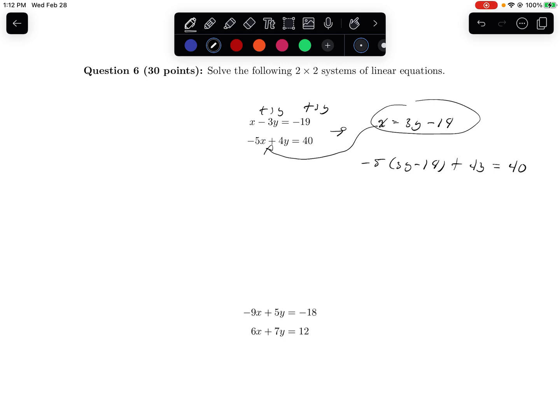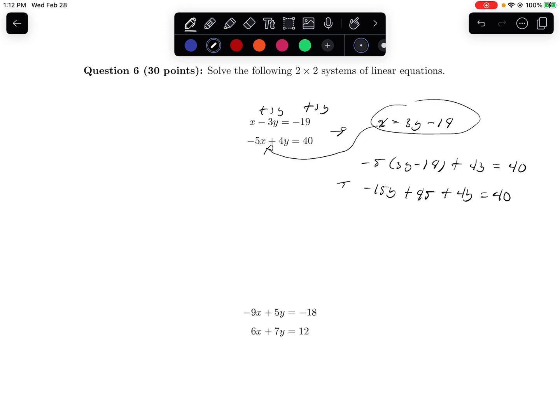Okay, so now what you'll notice is we have an equation that just has the y variable, so we can very easily solve for the y variable. But so to do that, let's go ahead and distribute this negative 5. So this is going to become negative 15y. Okay, we have negative 5 times 19. That's going to give us positive 95. Then we have plus 4y equals 40.